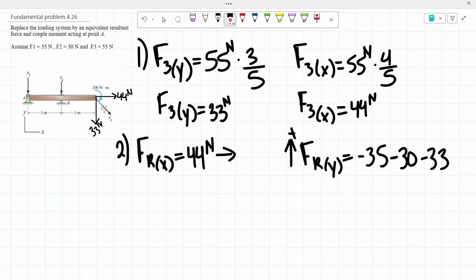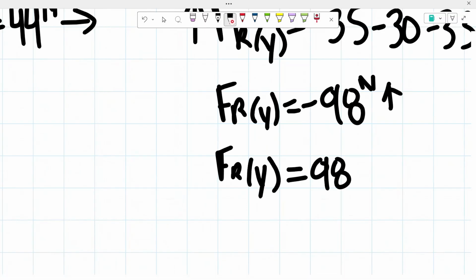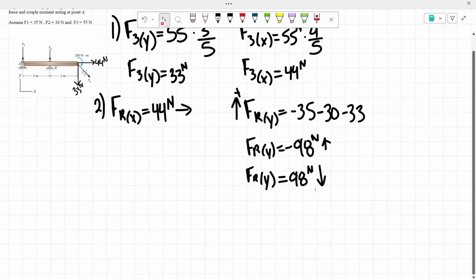That should give you a total of negative 98 newtons. So that means that our force in the y direction is equal to 98 newtons acting downwards.